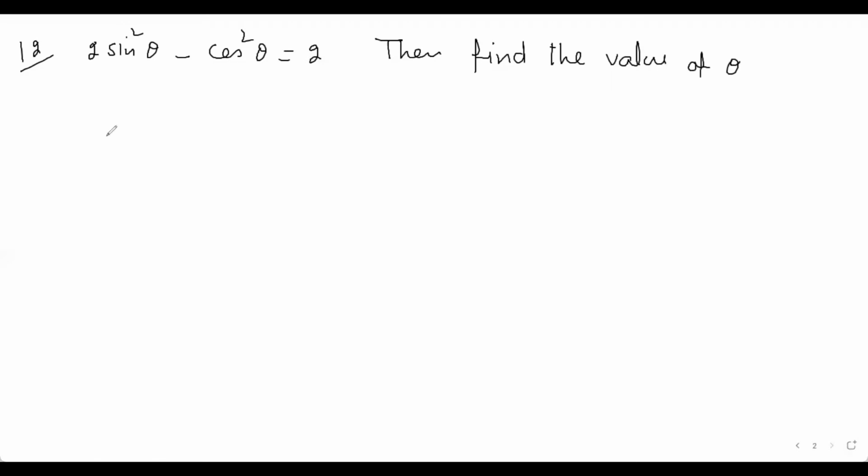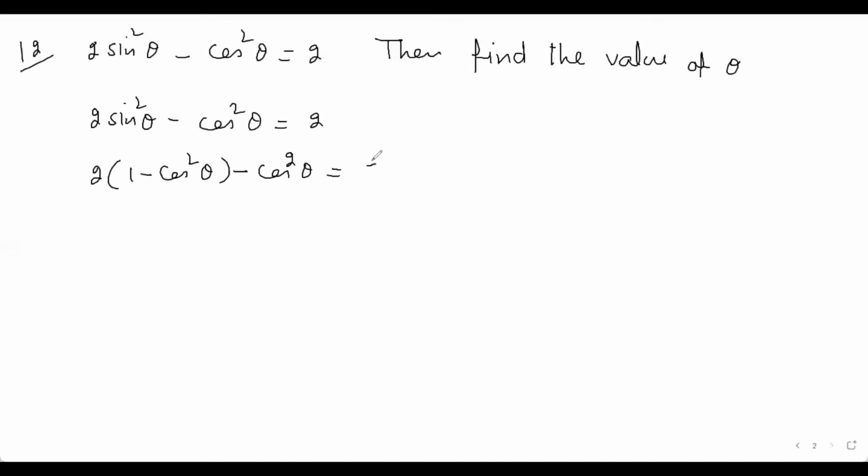Now the 12th sum. 2 sin²θ − cos²θ is 2. You have to find the value of θ. 2 sin²θ − cos²θ = 2. Write sin²θ as 1 − cos²θ. So 2 − 2 cos²θ − cos²θ − 2 = 0.